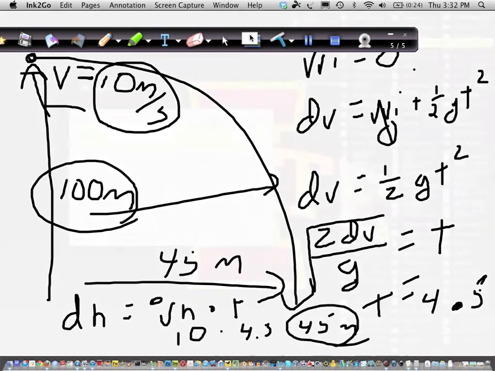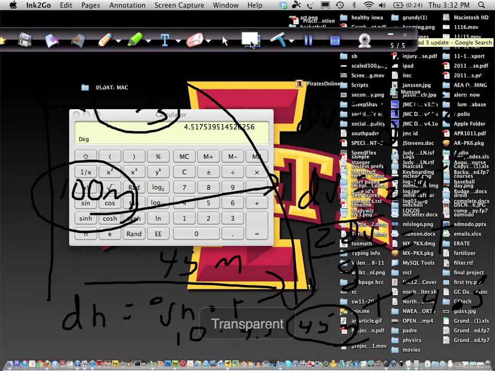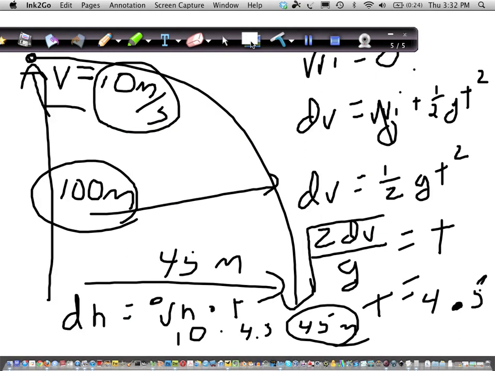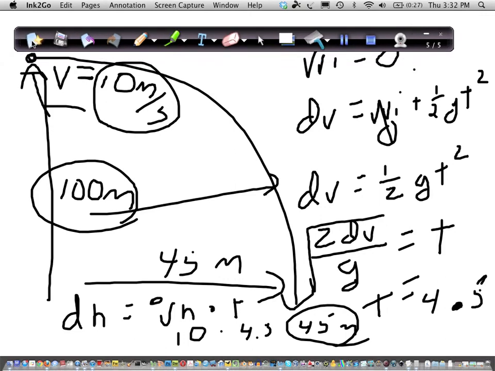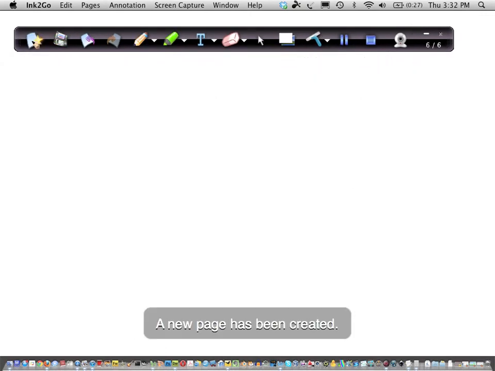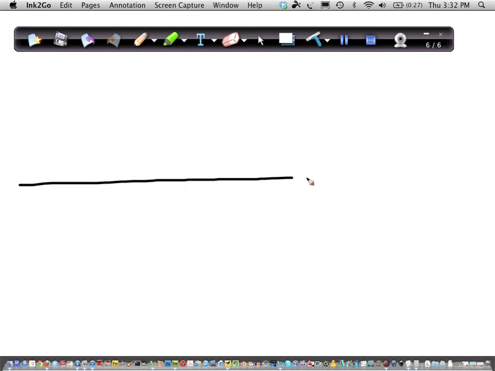All right, that's for the ones running off a cliff. Now, there are also ones that run like this. Here's the ground, and it goes up and it goes down.